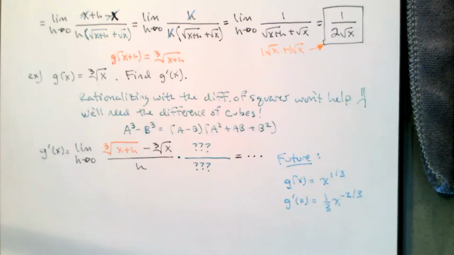But if you want a challenge, use the definition of the derivative. Not because using the definition of the derivative is an important thing that you're going to be doing in your future career as a fill in the blank, but it's good algebra training. Any questions? All right.